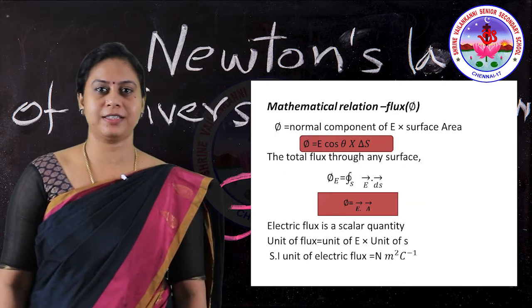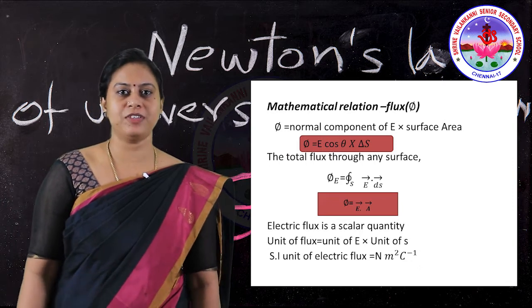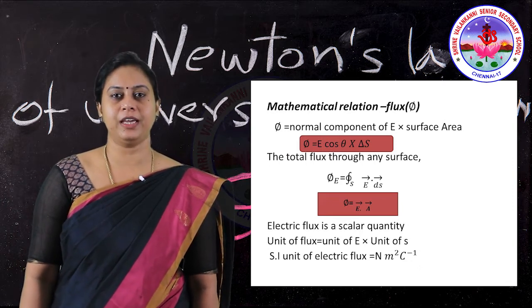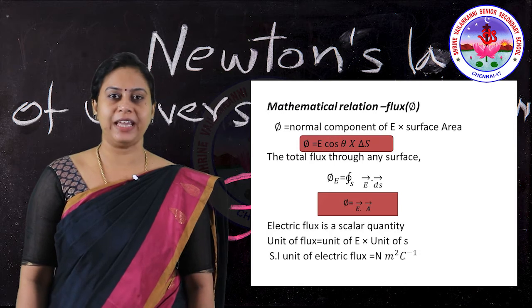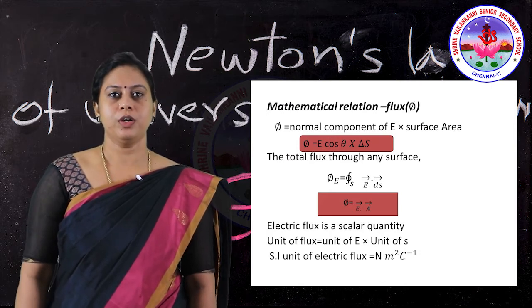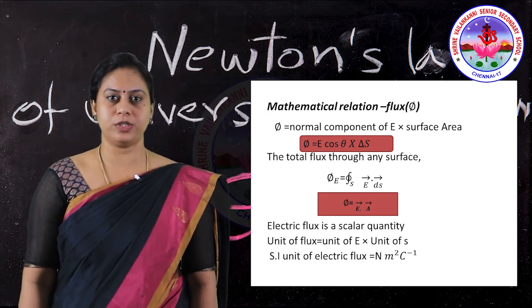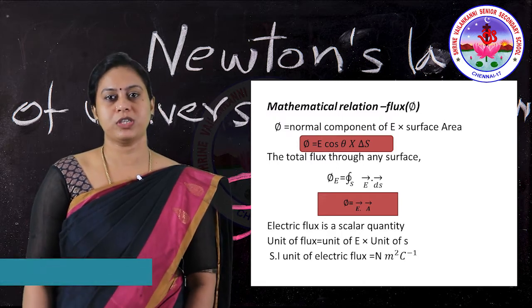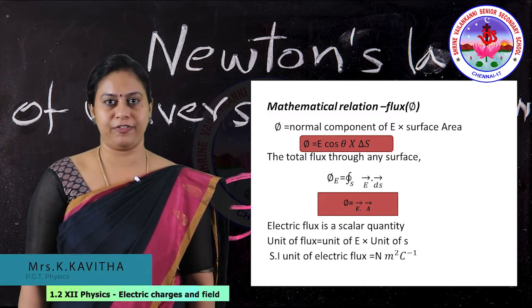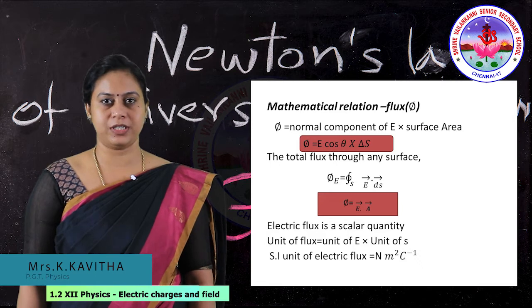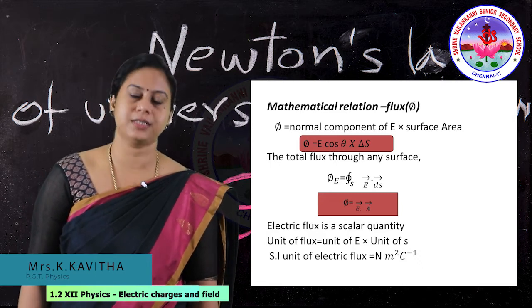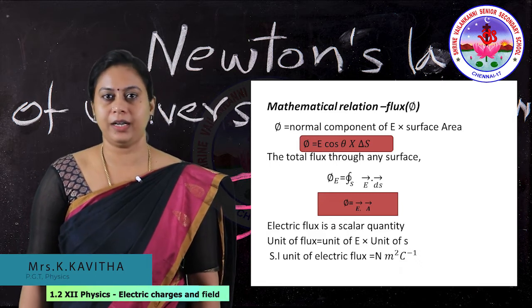Mathematical relation of flux phi. So phi E is equal to the normal component of E into surface area. So phi E is equal to E cos theta into delta S. So we need total flux through any surface. So phi E is equal to the closed integral over S of E dot dS.